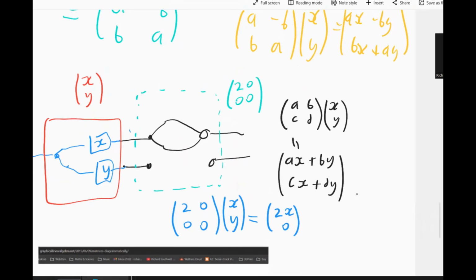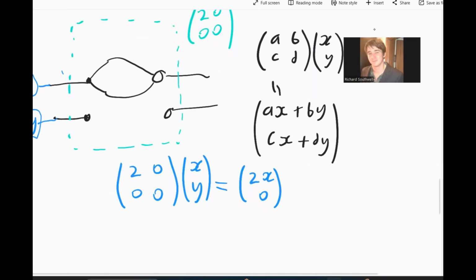And in fact, most of the time when we're talking about matrices, we're just going to leave the left hand side open and imagine being able to plug flows in, and we can just ignore this and think, okay, what happens if we feed in an X here and a Y here? And then we can translate between matrices and diagrams. So these details are not really going to bother us too much in the rest of the video. Let's consider another matrix.